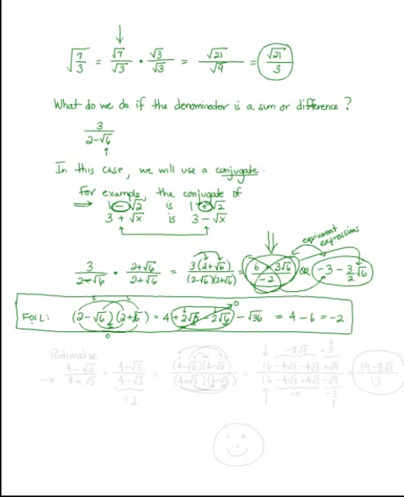All right, one last example. Let's rationalize 4 minus the square root of 3 divided by 4 plus the square root of 3.